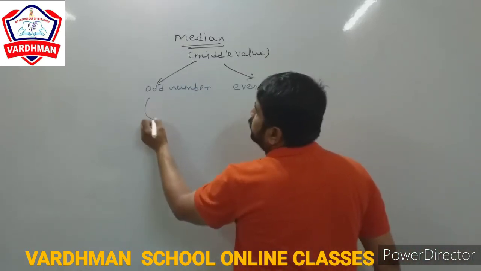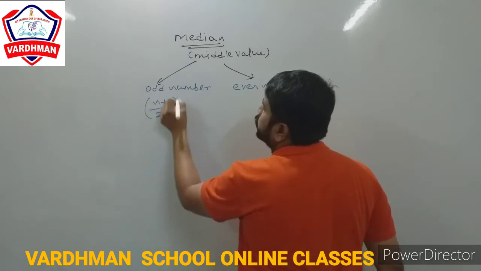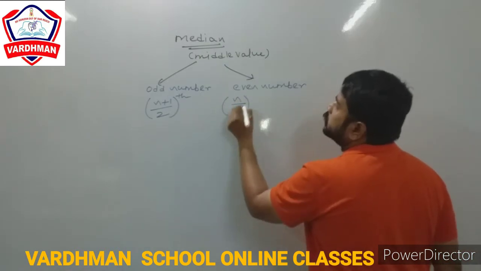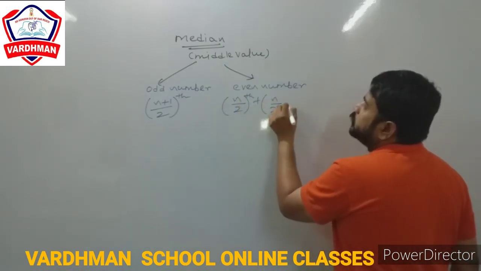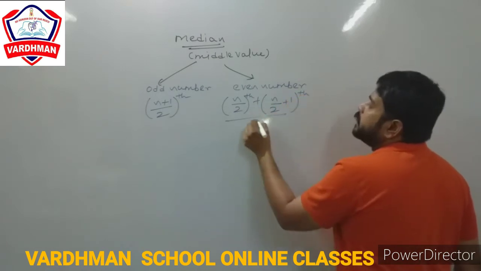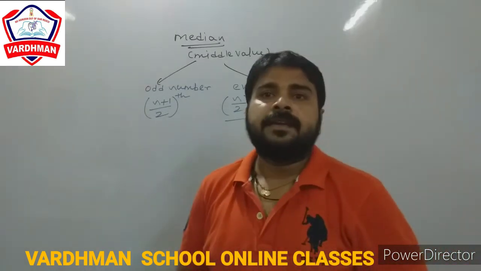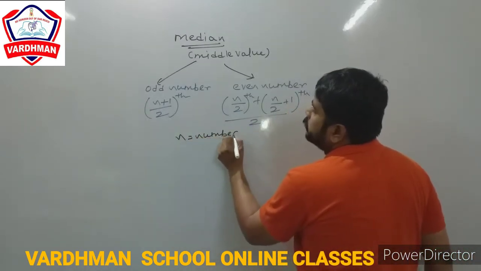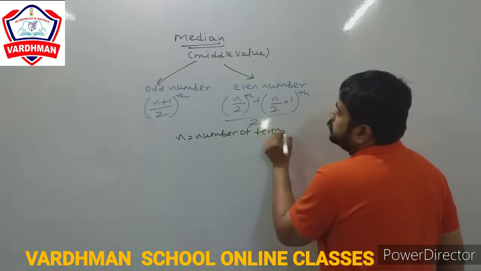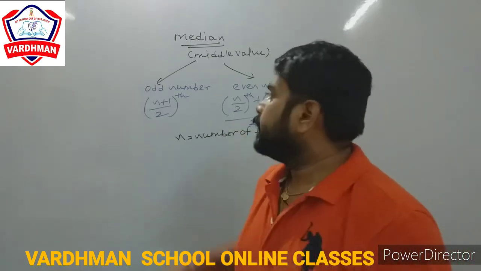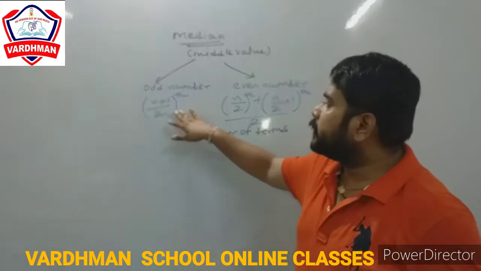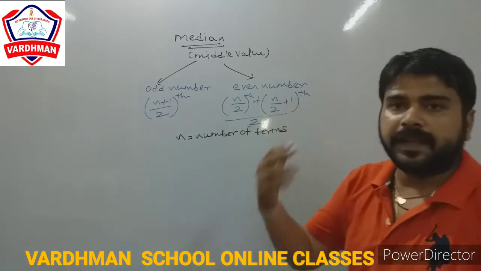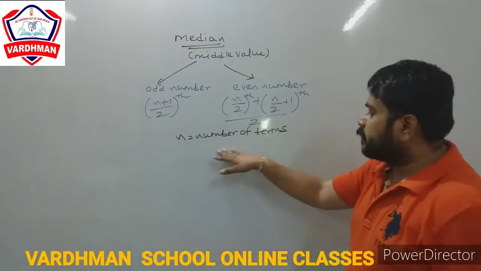For odd number the formula is (n plus 1) upon 2 th term, and for even number it is (n upon 2)th term plus (n upon 2 plus 1)th term, divided by 2. Here n is the number of terms.